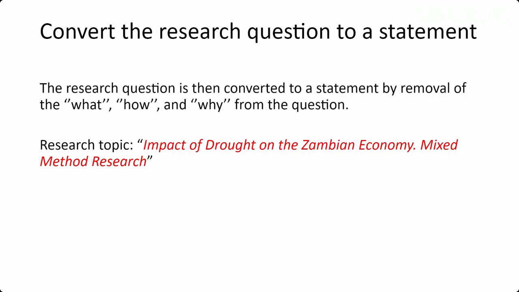We have removed the what, how. We have changed the question into a topic by removing the what, how, why, when, and therefore we have formulated our research topic. And we have also indicated the type of method which we are going to use.